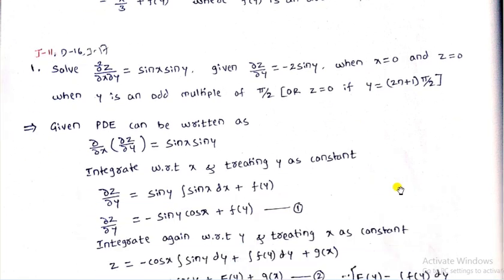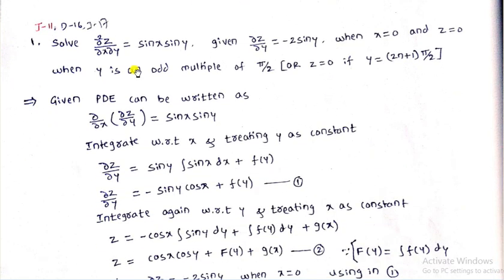Now examples. Solve the PDE dou square z by dou x dou y is equal to sin x sin y, given dou z by dou y equal to minus 2 sin y when x equal to 0, and z equal to 0 when y is an odd multiple of pi by 2.